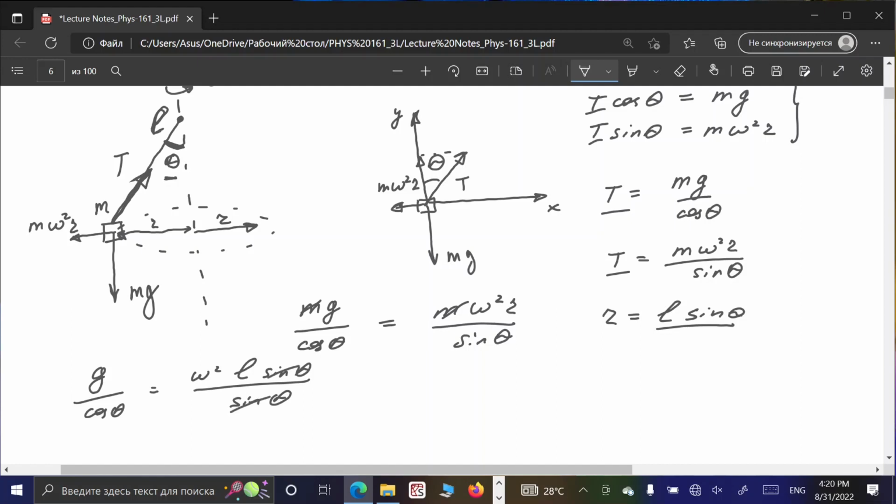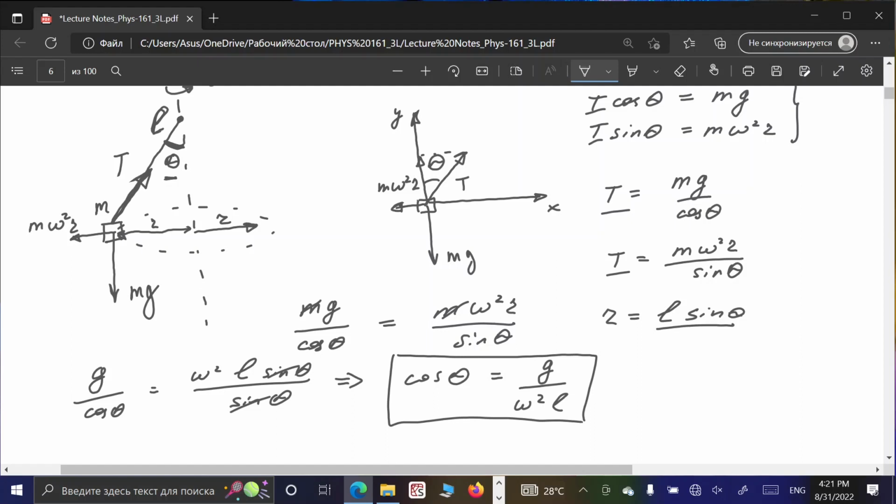So now we cancel out sine theta from numerator and denominator, and eventually we get cosine theta is equal to g divided by omega squared times L. So this is our equation, which relates angle theta, deflection of this rope from the vertical axis of rotation, with three parameters which actually define it.